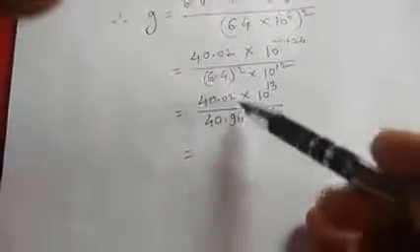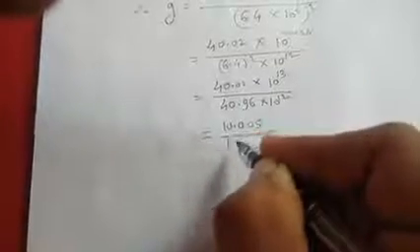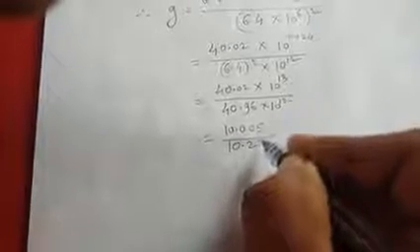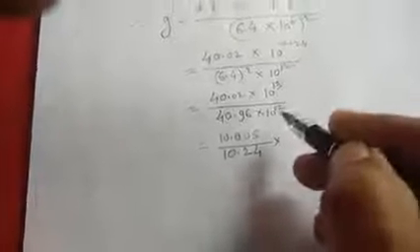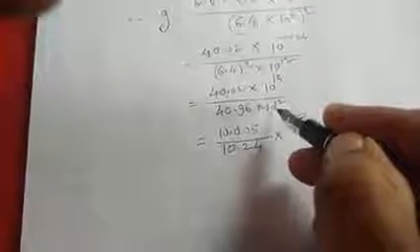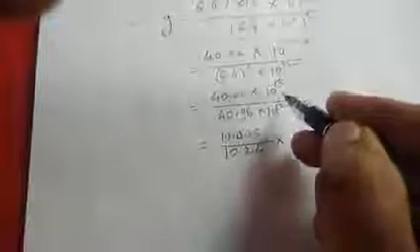Dividing these two numbers, 40.02 and 40.96, by 4, we get 10.005 upon 10.24 into, now when we bring 10 raised to 12 to the numerator, it becomes 10 raised to minus 12.